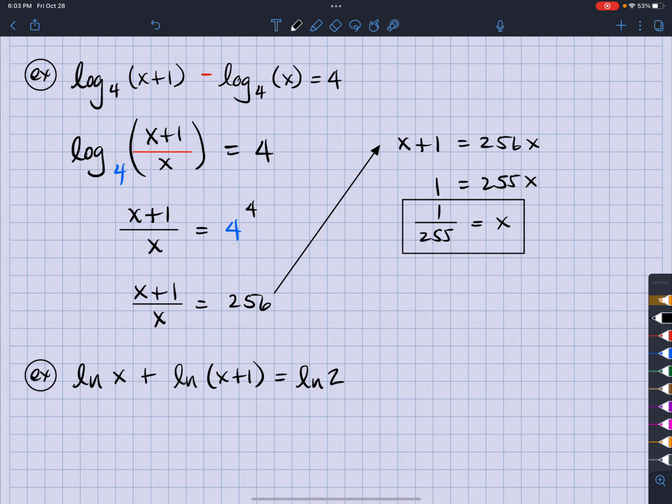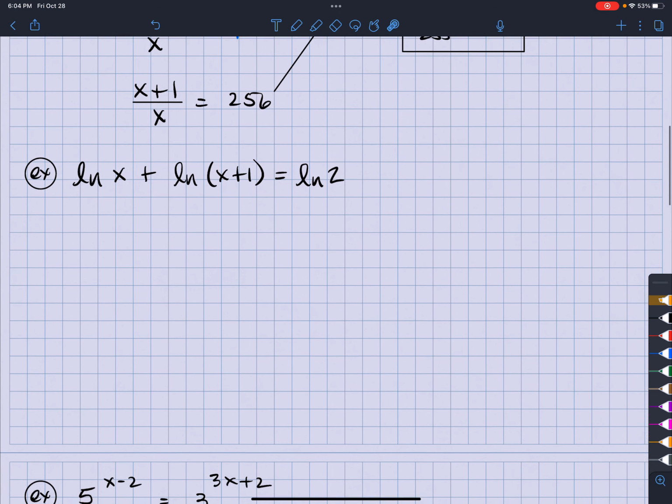And there I go. Let me double check my math here. Yep. And again, when I check this answer, I'm adding 1, so I'm still positive. I'm taking a positive 1 over 255, so I'm still good.